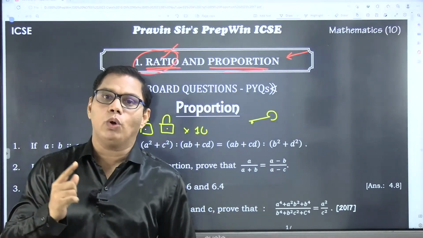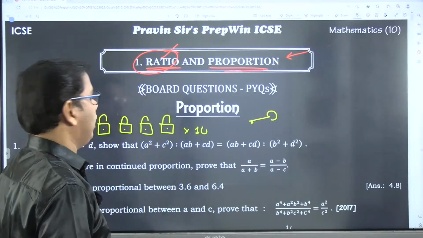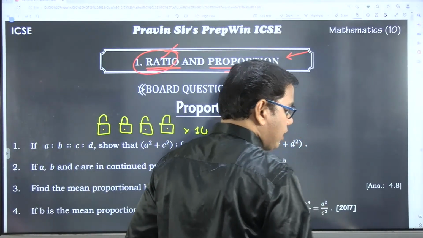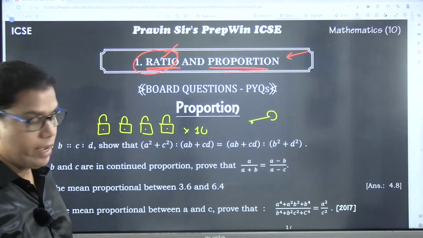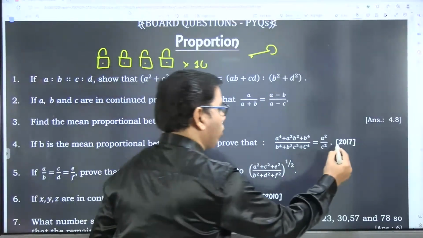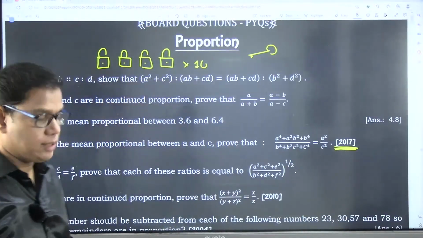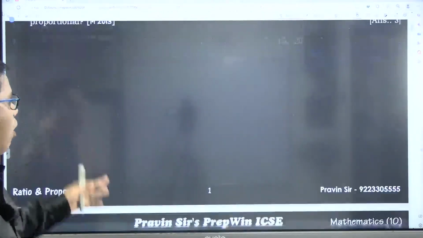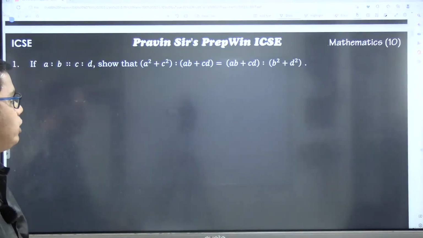So today when we are going to study ratio and proportion, these are the questions you can see that I am planning to take, and most of the questions are board questions. 2017, 2007. Almost 11 questions we are going to do.